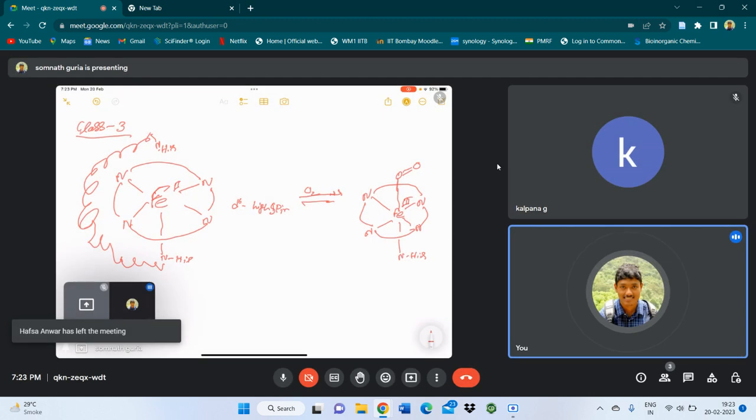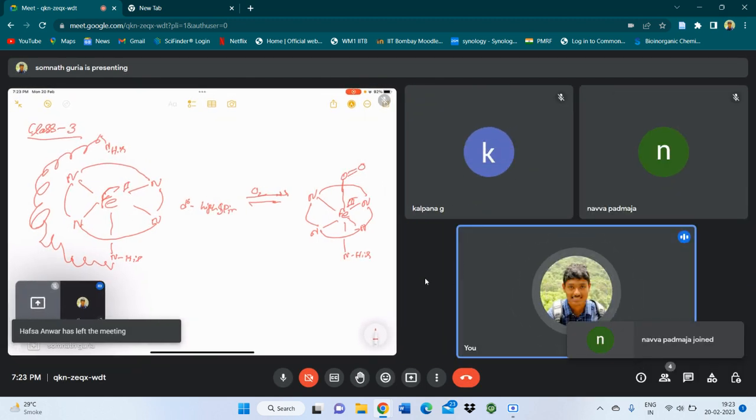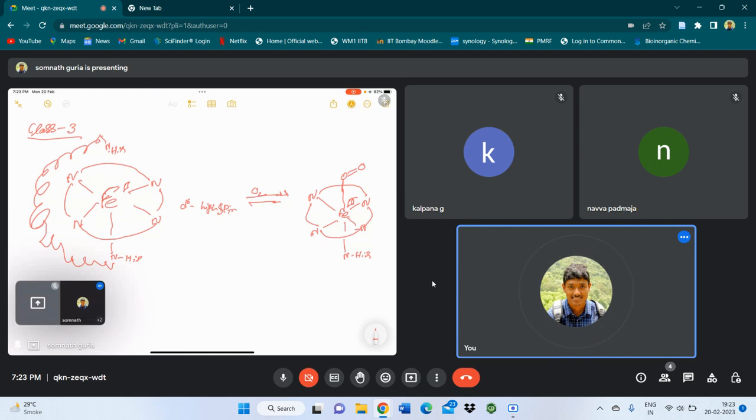Your hemoglobin has four subunits, right? The four subunits connect with a salt bridge interaction. Whenever one oxygen is bound to an iron center, this iron center moves upwards and fits into the plane of the porphyrin ring.